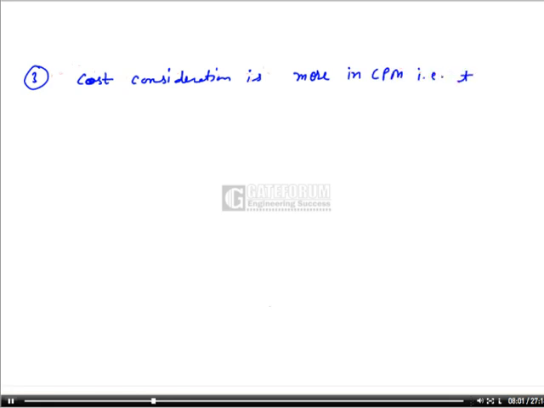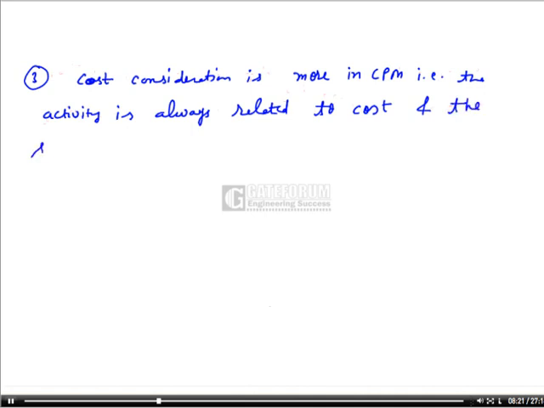This means the activity is always related to cost, and the same thing is not in PERT. So this is the difference.